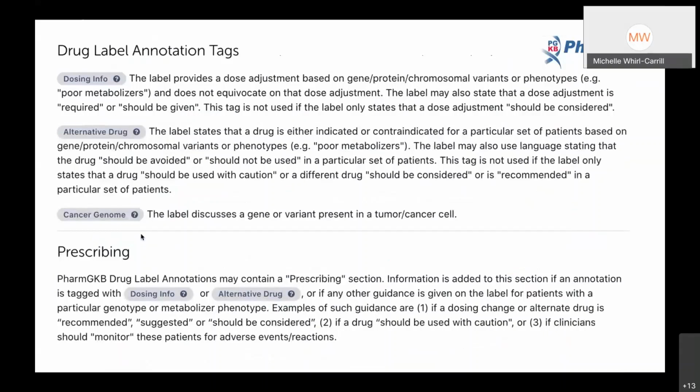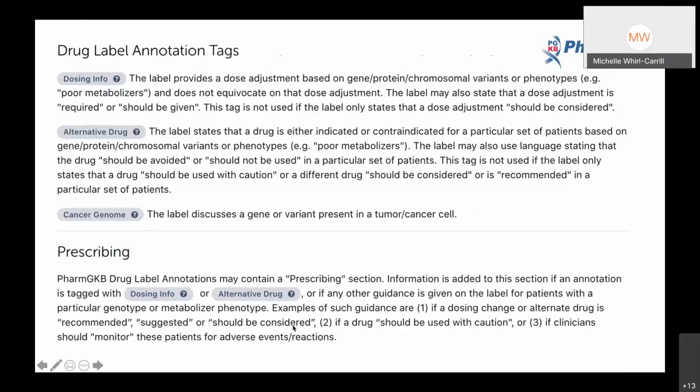We also go into detail on the label and try to pull out, okay, does the label say I should actually change the dose based on a variant that a patient might have? Do they say a drug is not indicated for certain patients with certain genotypes?